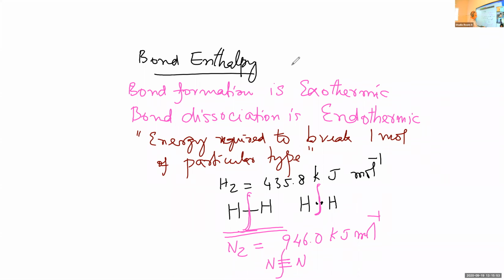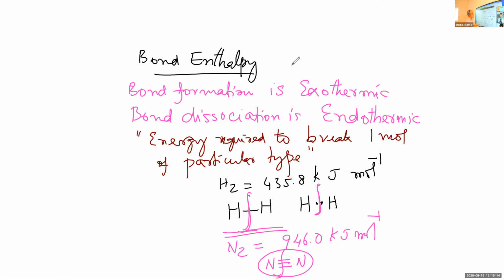So then 1 mole of nitrogen molecules will be completely dissociated into atoms. So the energy required for the breakage of 1 mole of a particular type of bond, that's called bond enthalpy.